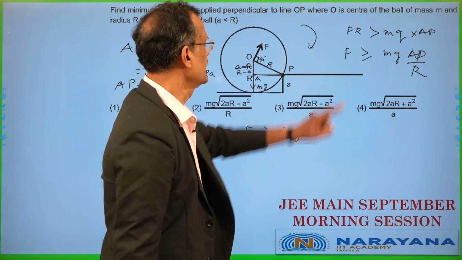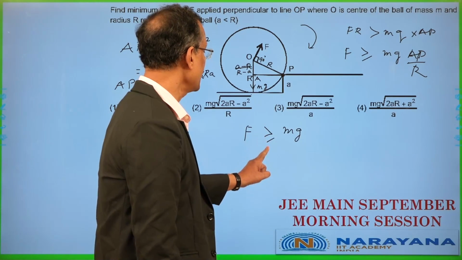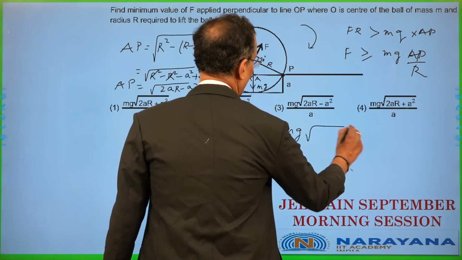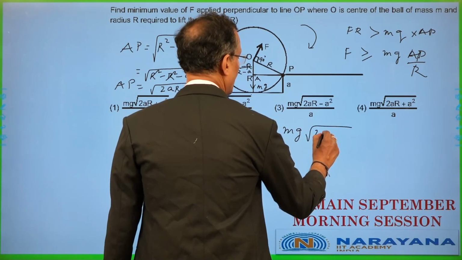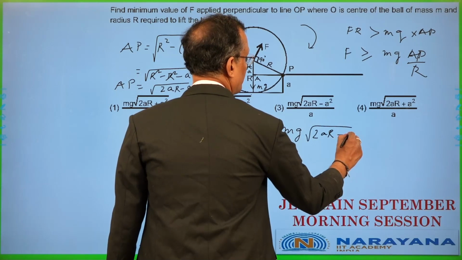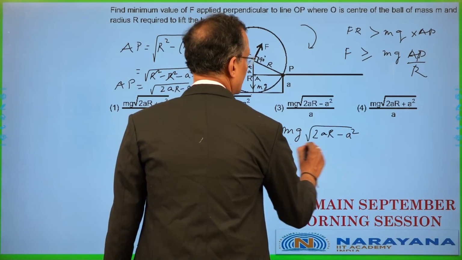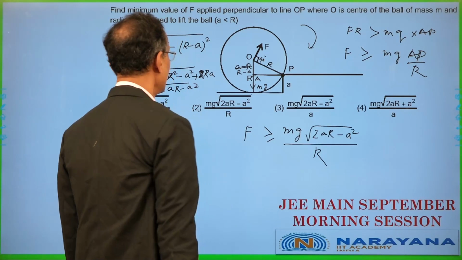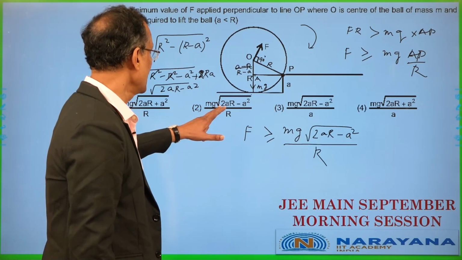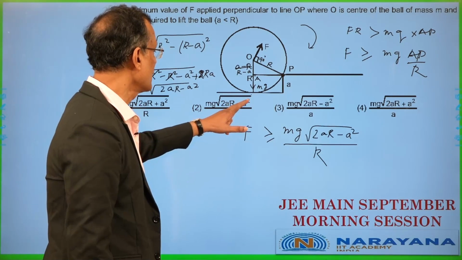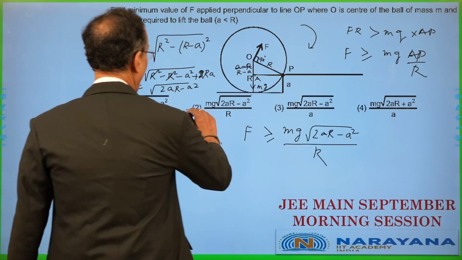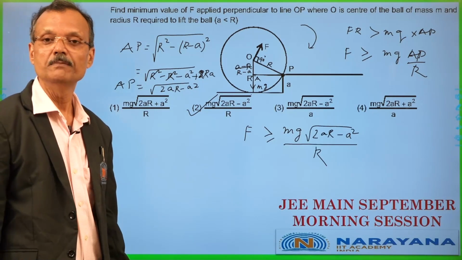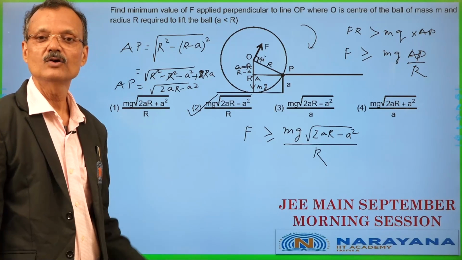Now substitute here. F should be greater than or equal to mg into AP, under root 2AR minus A squared, by R. Check the answer here. mg under root 2AR minus A squared by R. Answer will be number 2. Tell me, did you understand? Clear?